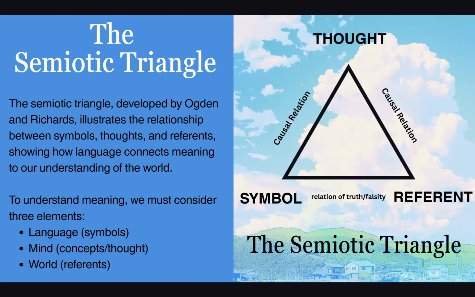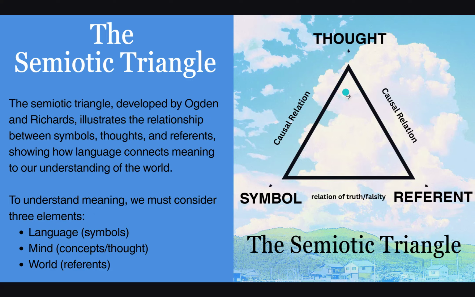And to describe meaning, we seem to have to make reference to three principal terms: language, the world, and the human mind, following Ogden and Richards. These three aspects of the meaning phenomenon are often symbolized as the semiotic triangle, as shown in this figure.